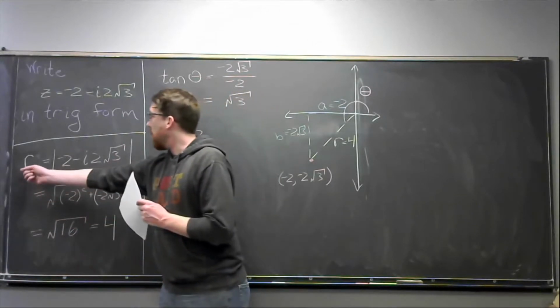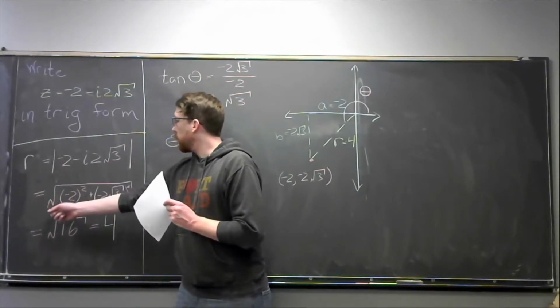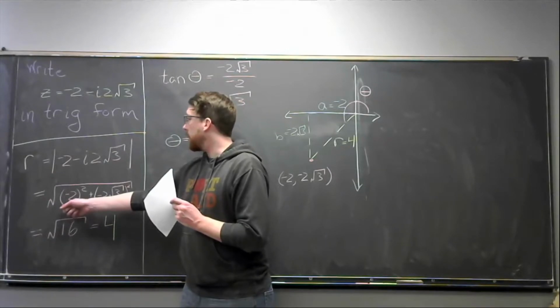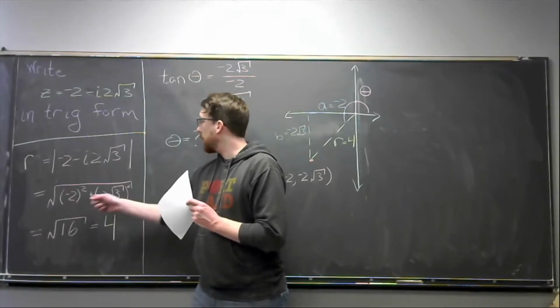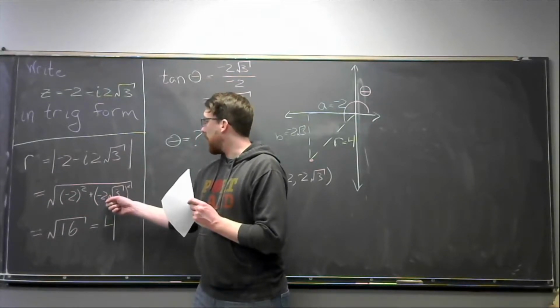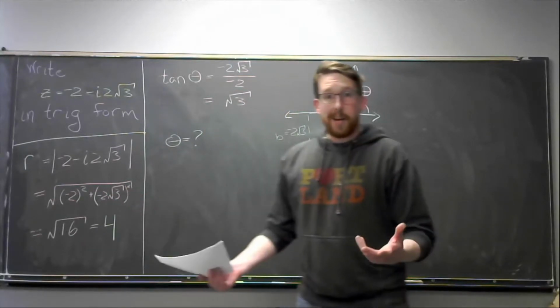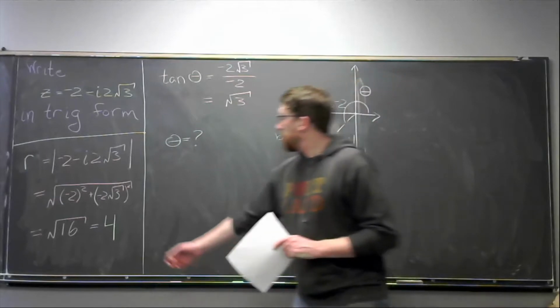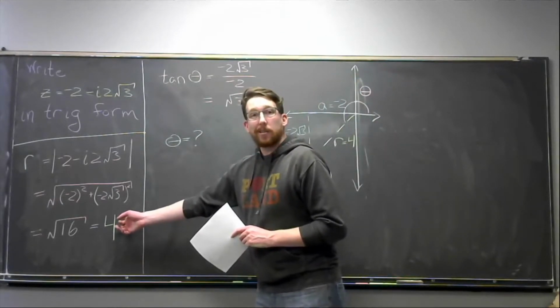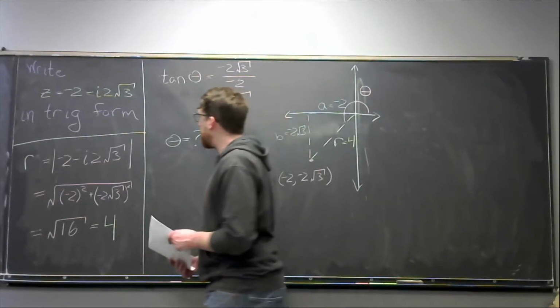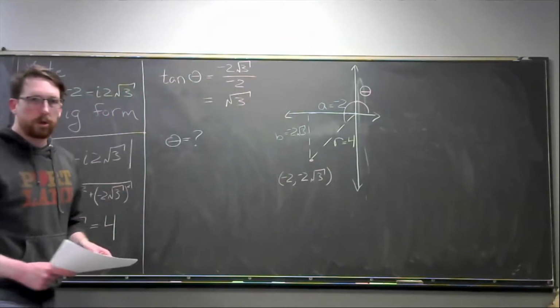So that must mean R is equal to the square root of the quantity negative 2 squared plus negative 2 times the square root of 3, that squared. Well, if that's the case, then the radius comes out to be 4. Oh, okay, that's good to know, we need it.